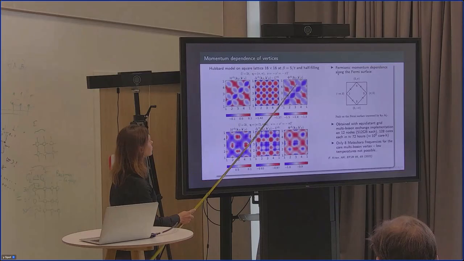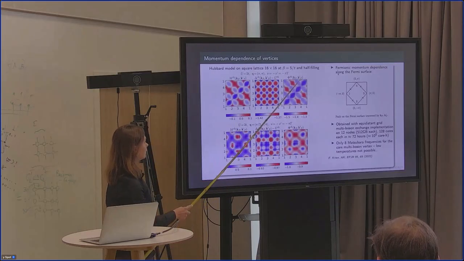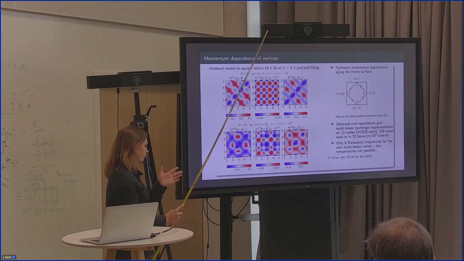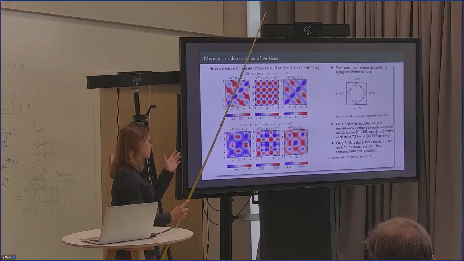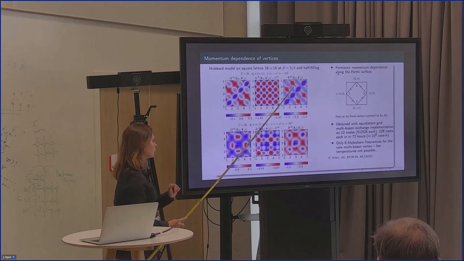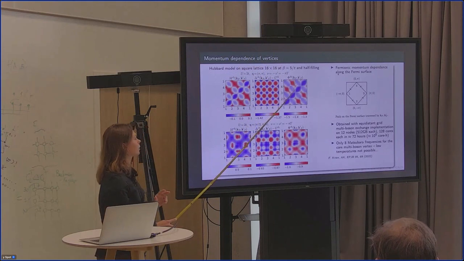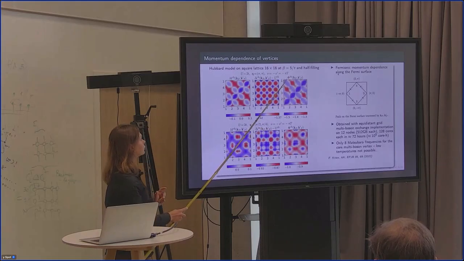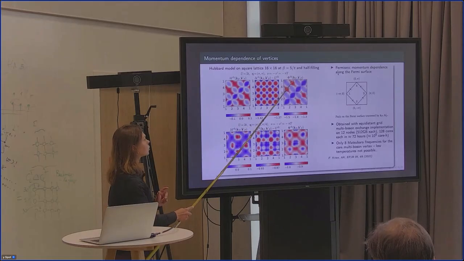So this is the reducible vertex in one of the spin channels. These vertices always occur apart from the orbital indices and momentum indices and frequency dependence. They also have spins, and it's usually enough to take some of the spin combinations into account. One of them being the sum of different spin combinations, which corresponds to the density or charge channel.